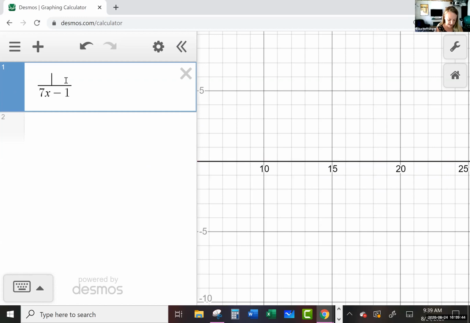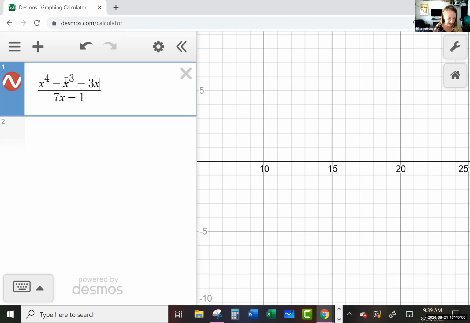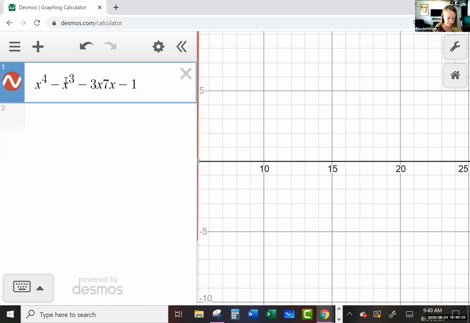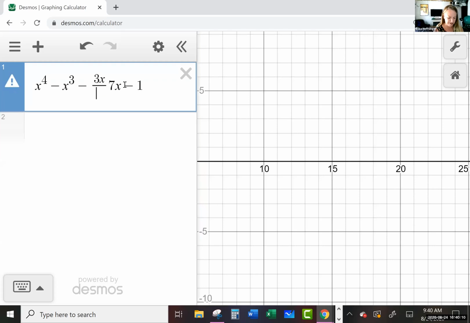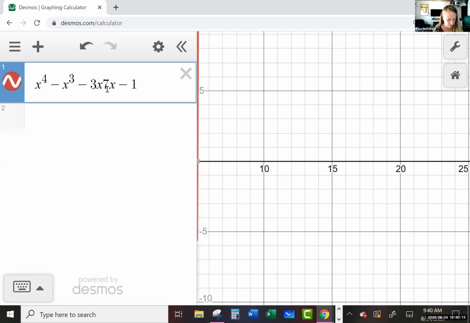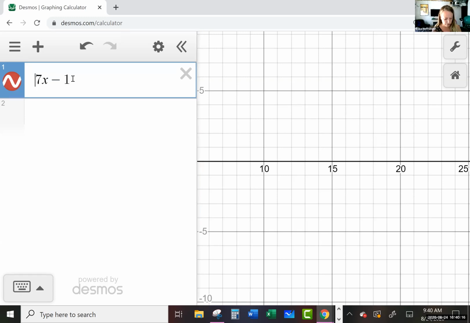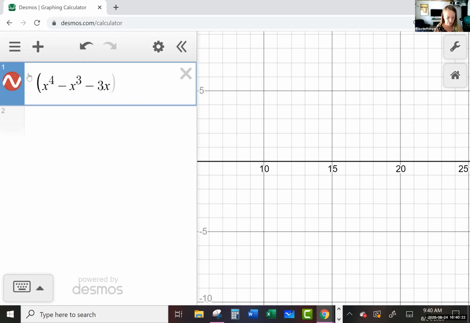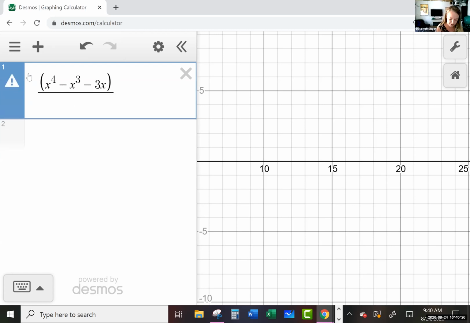So numerator, we just had x to the fourth minus x cubed minus 3x, all divided by 7x squared plus 9.